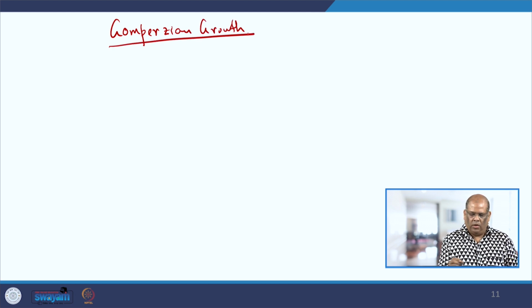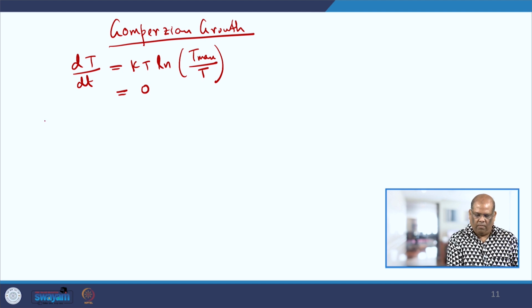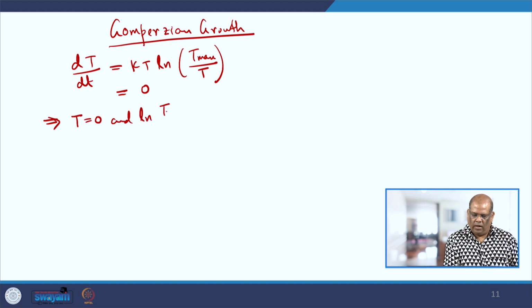Let us take one more where we have taken Gompertzian growth. So, there the equation with which we represent the growth is K t log of T max divided by T. And if you want to find the equilibrium point, I have to put this equal to 0, and this will give me T equal to 0 and ln T max by T equal to 0.